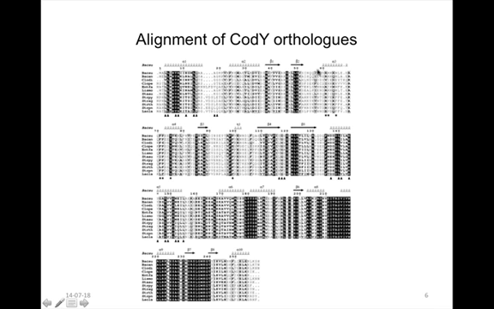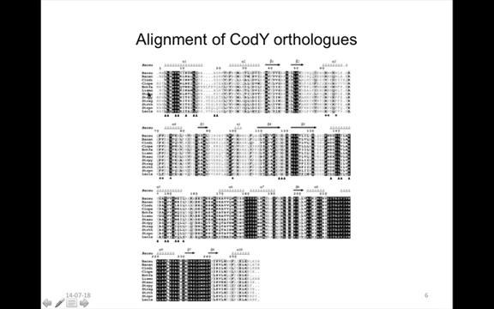The helix turn helix motif is around the A4, A3, and here are your 2 beta sheets for the wing of the structure. The COD-Y protein also has really good conservation within gram-positives.